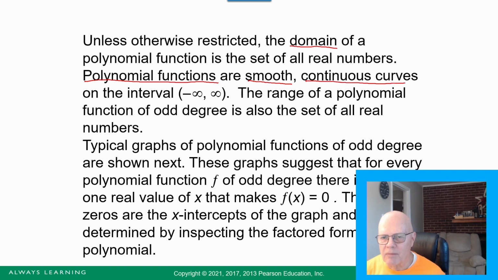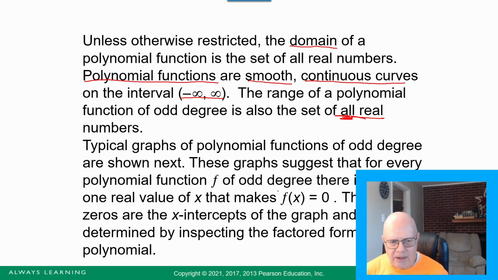If you're going to draw them, you don't have to lift your pen. And it's going to go from negative infinity to infinity. The range depends on whether it's even or odd. If it's odd degree, then you're going to get all real numbers for the range. If it's even, then it's going to depend on where it starts and where it stops vertically.